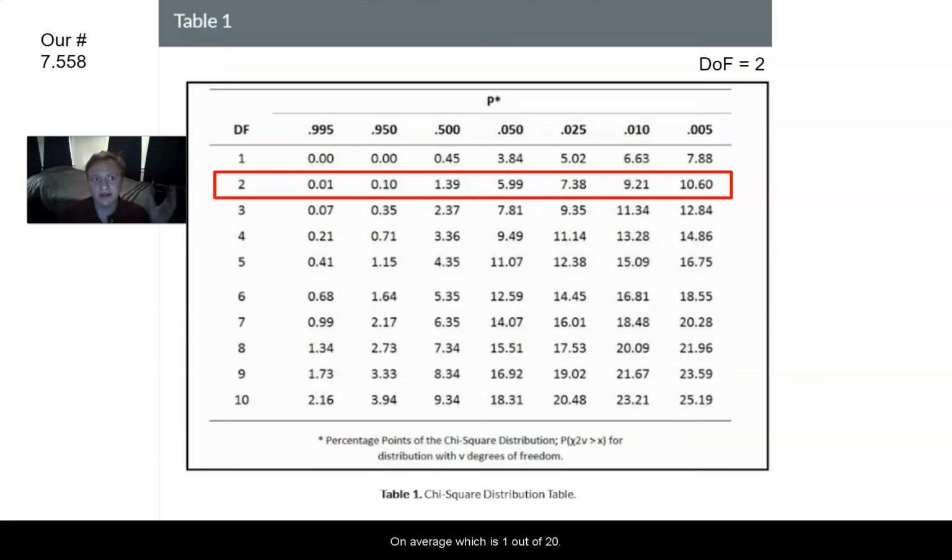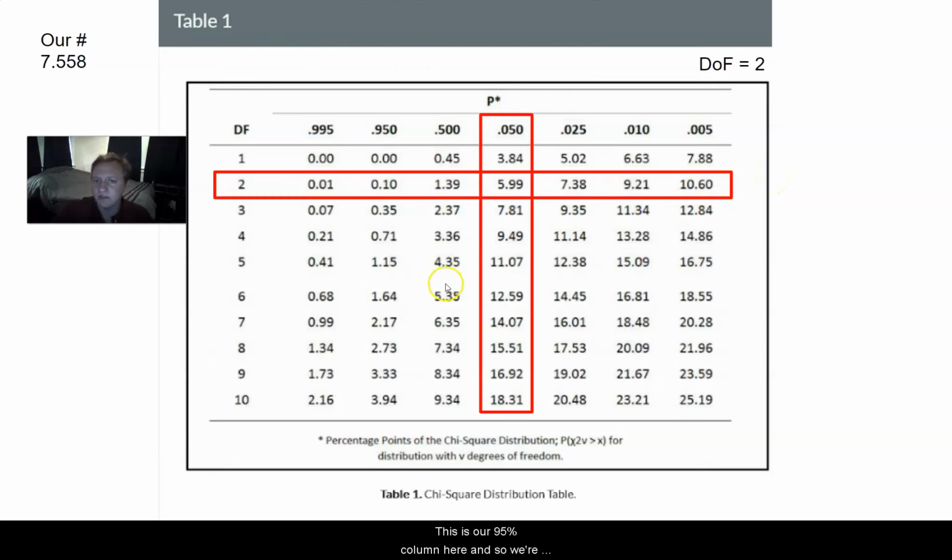Which means if we were all in class together, if we were actually running this lab, about one of you would just accidentally have numbers that statistically significantly deviated from what our expectation is. So 95% seems really high, but it's not actually all that great.